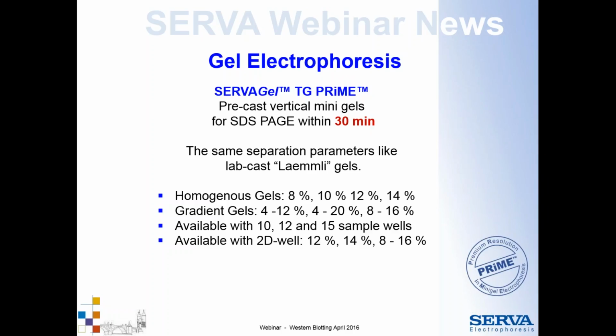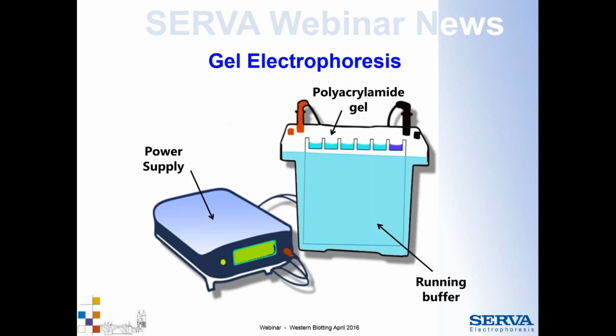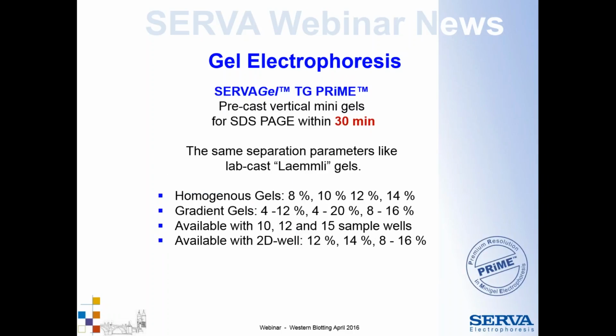These gels are suitable for SDS page within 30 minutes, and they do have the same separation parameters like the lab-cast Laemmli gels. So they are available as homogeneous or gradient gels. They are offered with 10, 12, and 15 sample wells, and assorted percentages of the gels are also available with a 2D well.